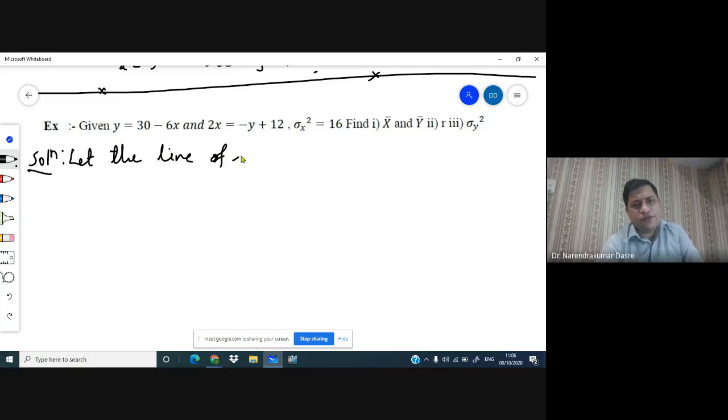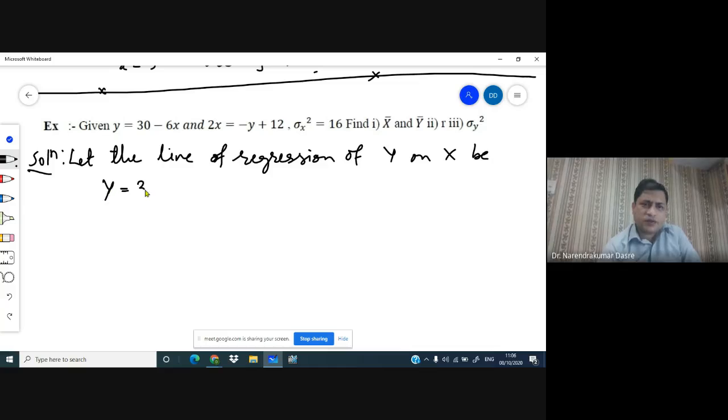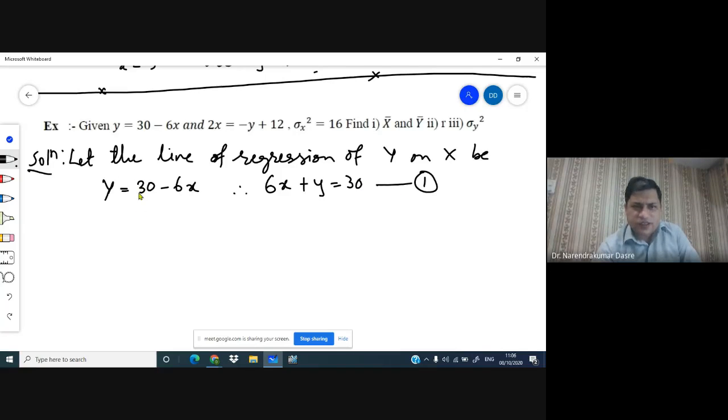Now you can see what we have here. The line of regression of y on x, I assume this to be y is equal to 30 minus 6x. So I can write it as 6x plus y is equal to 30. This is equation 1. Why are we expressing this line like this?